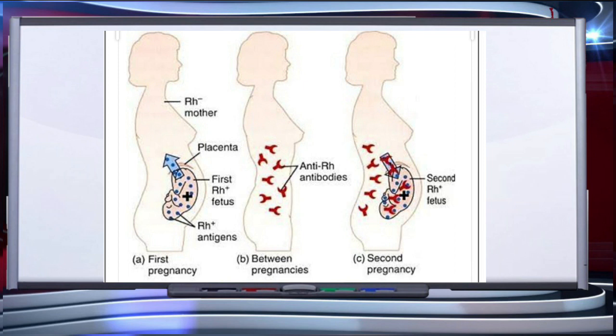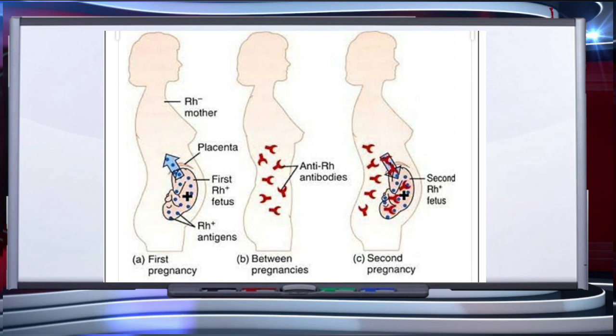In such cases, the mother starts preparing antibodies against Rh in her blood. In case of her subsequent pregnancies, the Rh antibodies from the mother can leak into the blood of the fetus, if it is Rh positive, and destroy the fetal RBCs.